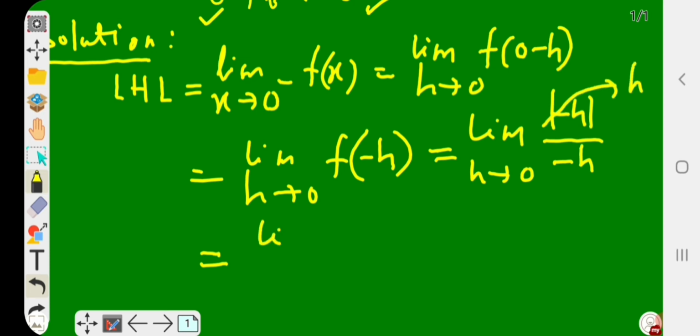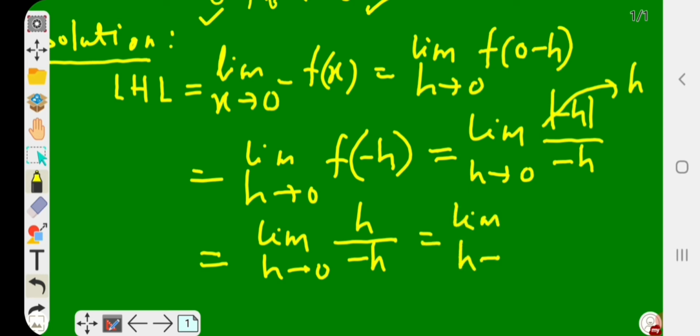So limit h tends to 0, h upon minus h, that is equal to limit h tends to 0, h cancel, so minus 1.